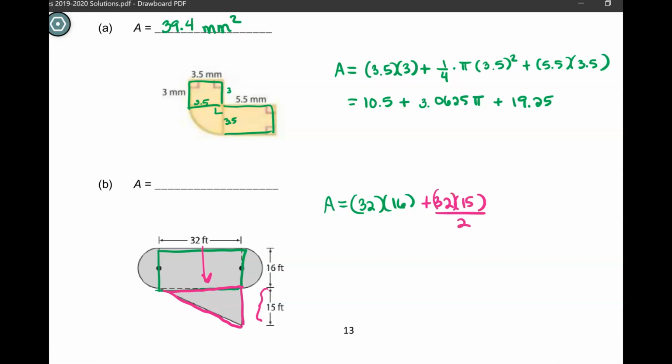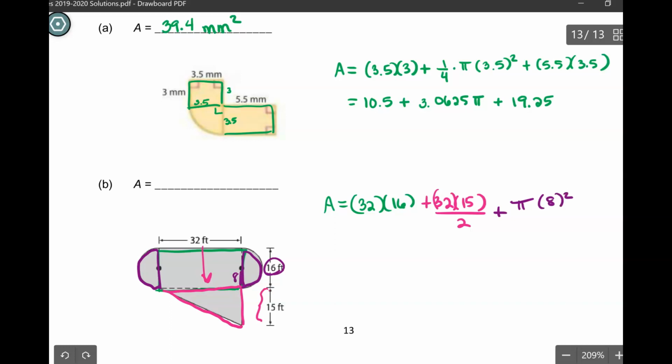And then lastly, I see the 2 semicircles here and here, so I could just combine them to make one circle, which will be pi r squared. And if this is 16, then the radius would have to be 8, so pi times 8 squared.